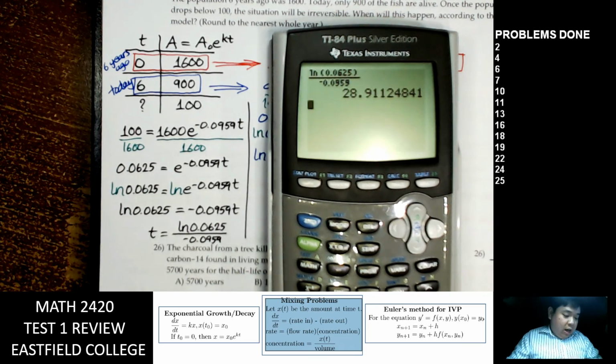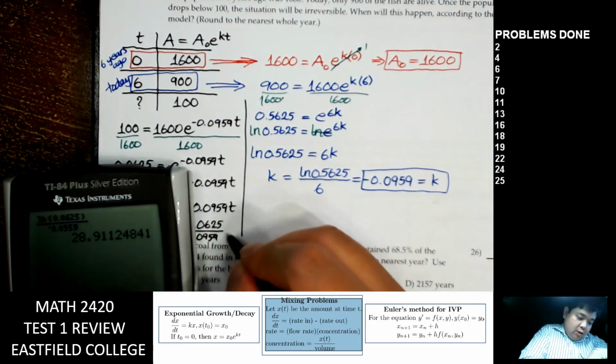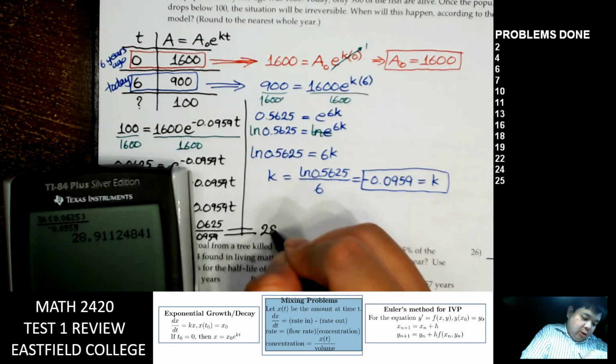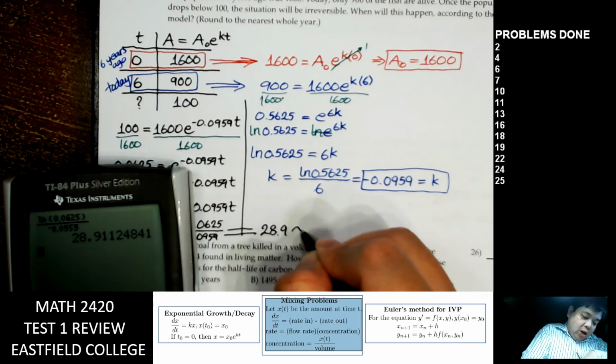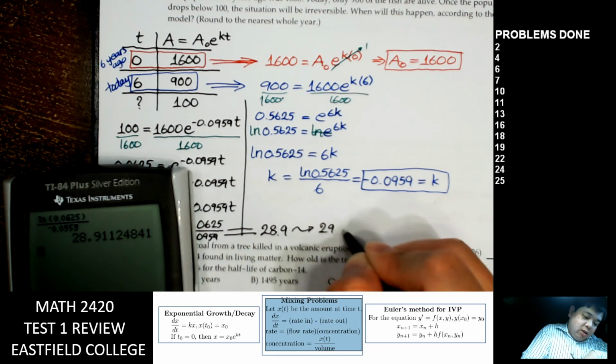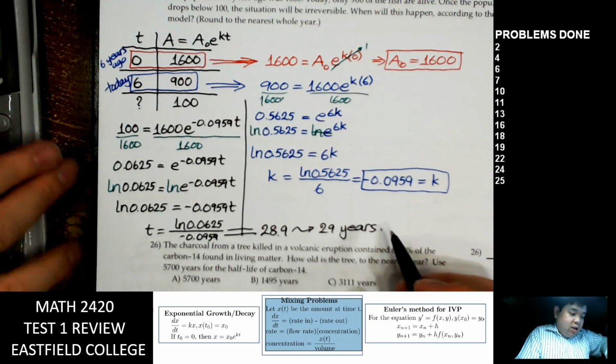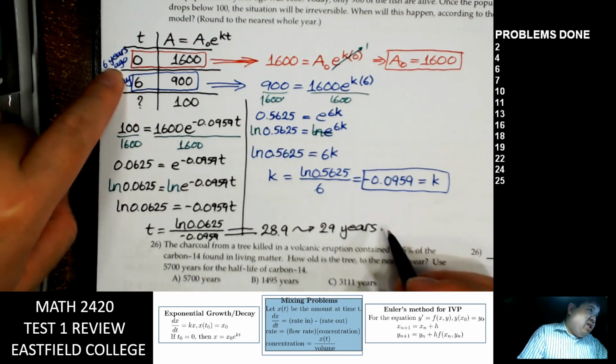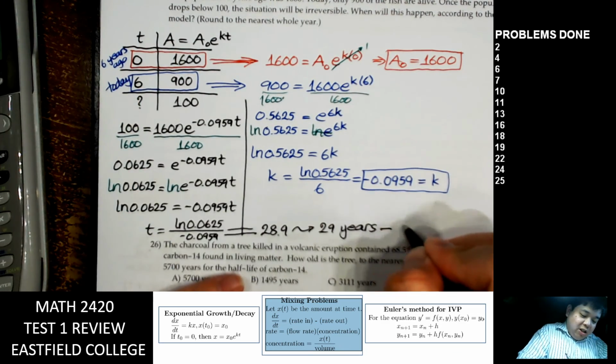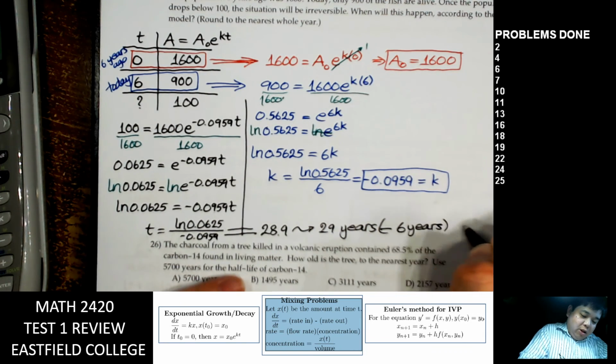We have about 28. So let's round that to 29 years. But that is 29 years from 6 years ago, so 29 minus 6. So pretty much about 23 years from today.